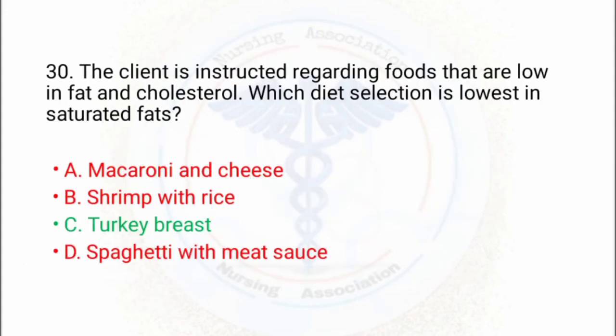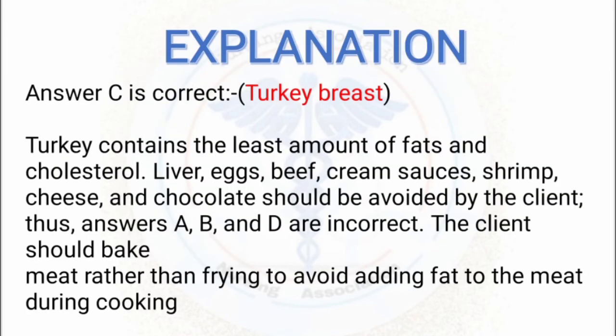So here, macaroni and cheese is a pasta dish, and it is an American food dish. Option D, spaghetti with meat sauce. Spaghetti, as you know, is a pasta. And option C, turkey breast. A turkey breast is a muscle of the turkey and it is all white meat and has a high level of protein, and it can be used in sandwiches or in salad also.